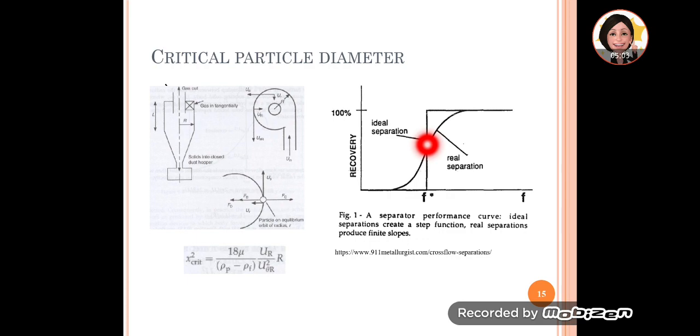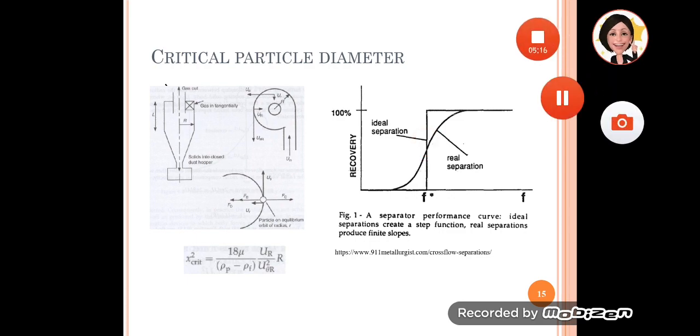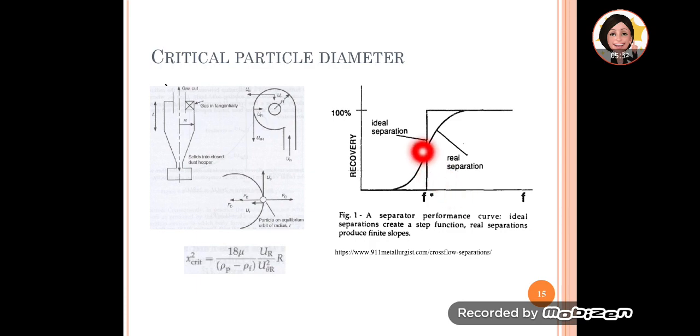This X50 is also known as the equiprobable size or the cut size of a cyclone. X50 means that in a large population of particles, 50% of the particles of this size will appear in the coarse product. So that's how we define a cyclone efficiency.